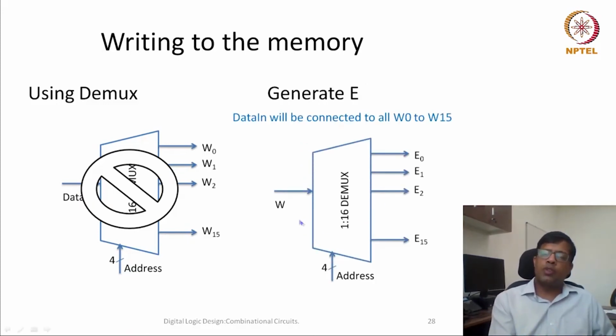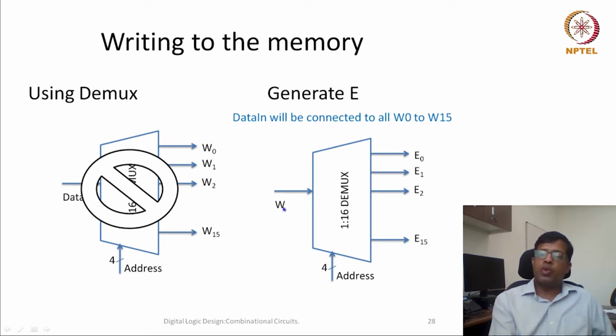So what we will do is connect the W of the final interface, the 16 cell memory interface. The W, we remember, if it is 1, then it would be written. If it is 0, it won't be written.